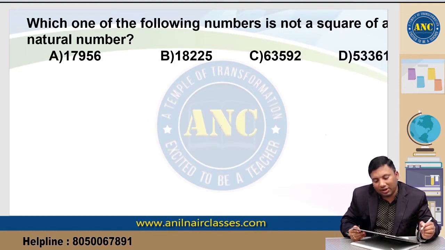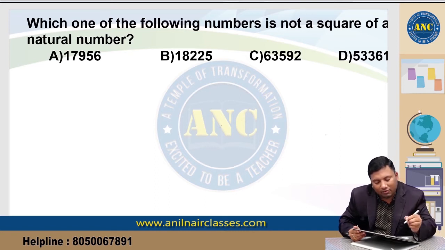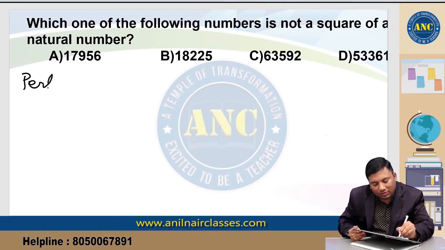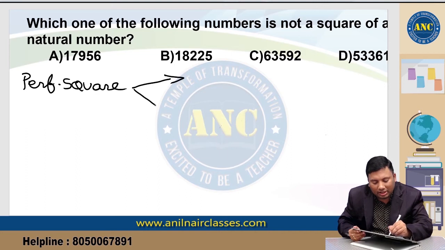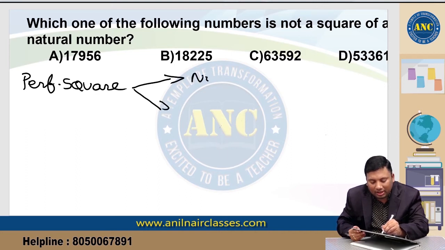Next one: which one of the following numbers is not a square of a natural number? Now let us see what the logics are. For a perfect square, what are the two important concepts? A perfect square never ends with 2, 3, 7 or 8.